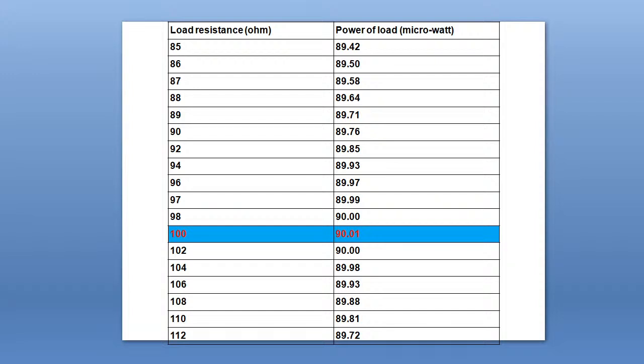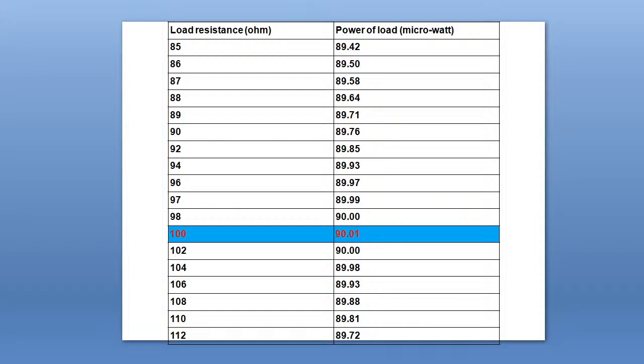Everyone please take readings of at least 15 to 20 values, a set of 15 to 20 different values of load resistance. Now everyone see the present slide, where I have given the readings of the student who submitted her result.